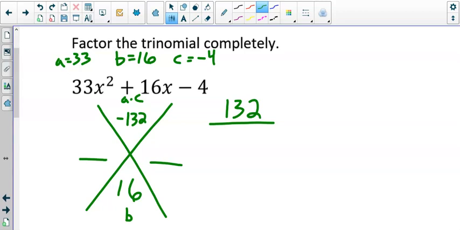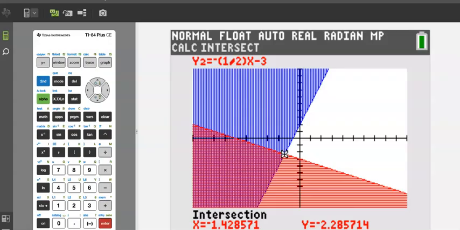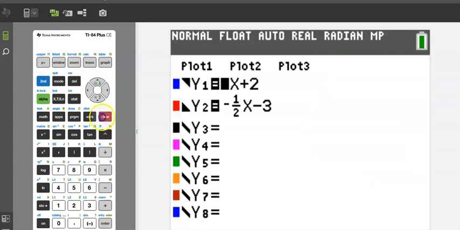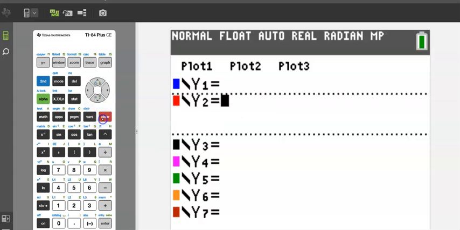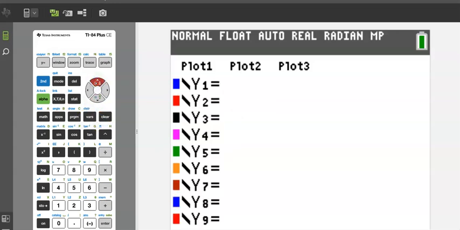Let me show you a fast way to get factors. Because I know a lot of you are like, oh, how many times do I gotta do this, Mr. Armstrong? I gotta think about everything. So if you want to find factors really quick, go into the Y equals, and push 132 divided by X. Then go look at the table.